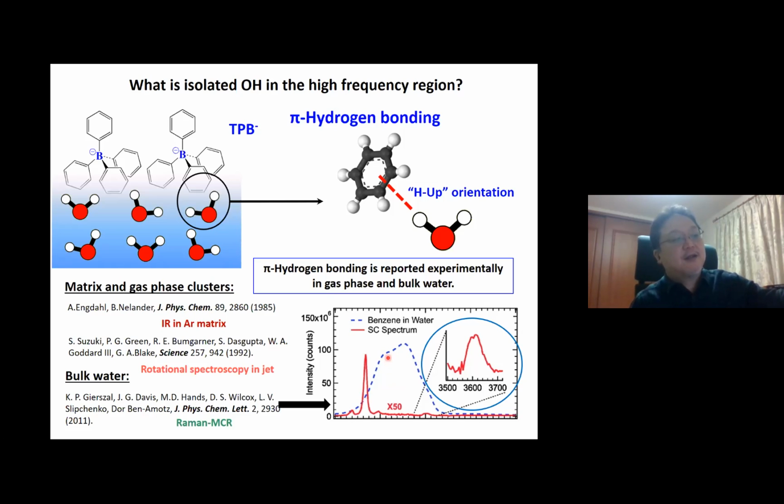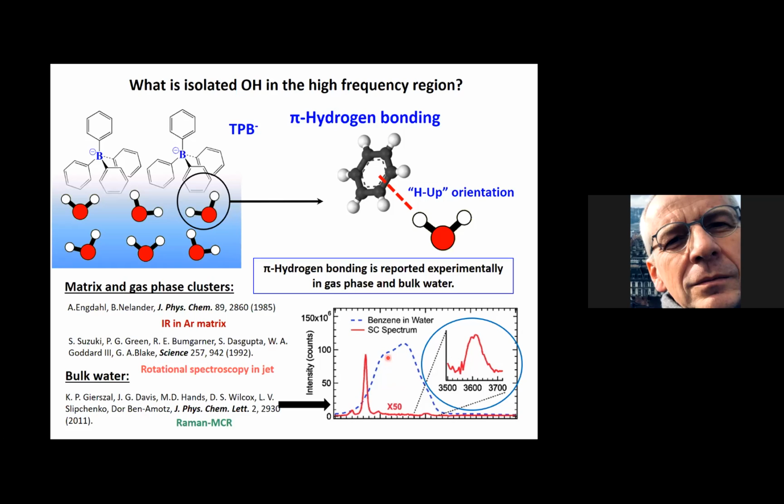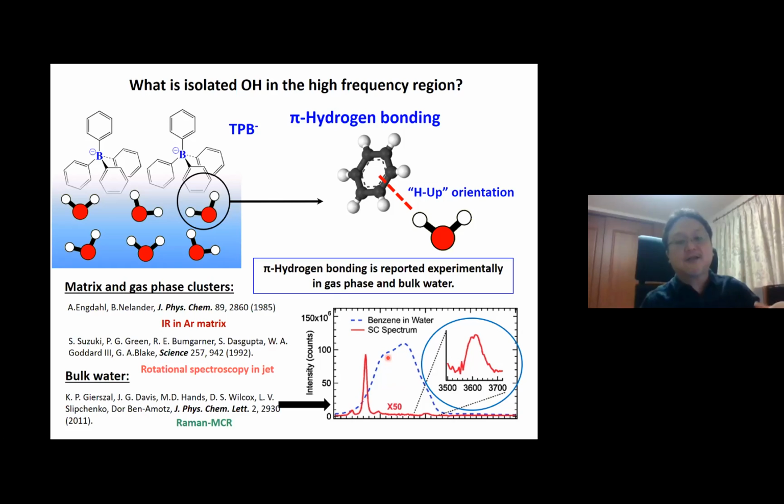So we assign the energetically isolated OH as the OH interacting with the aromatic ring of the negatively charged hydrophobic ion at the interface.